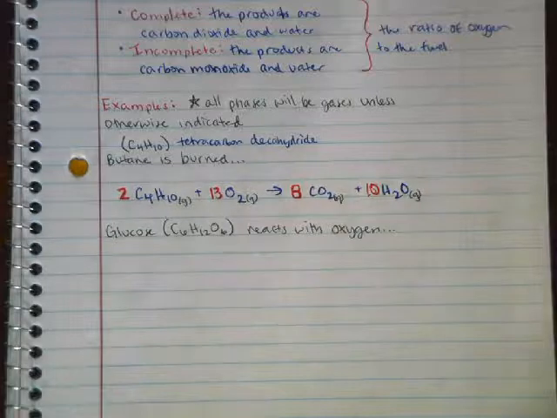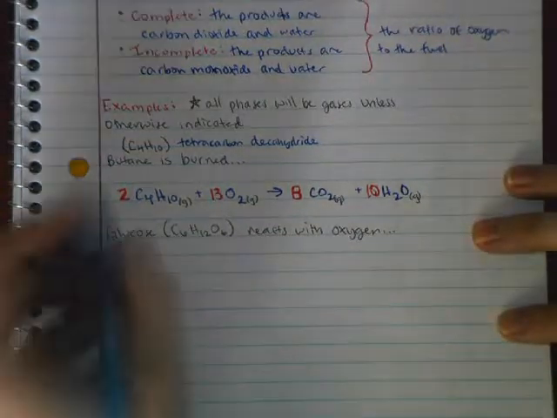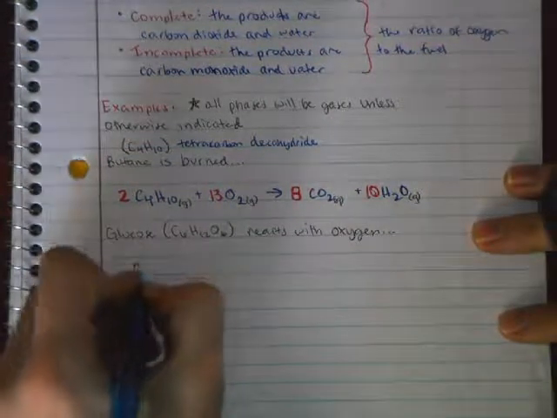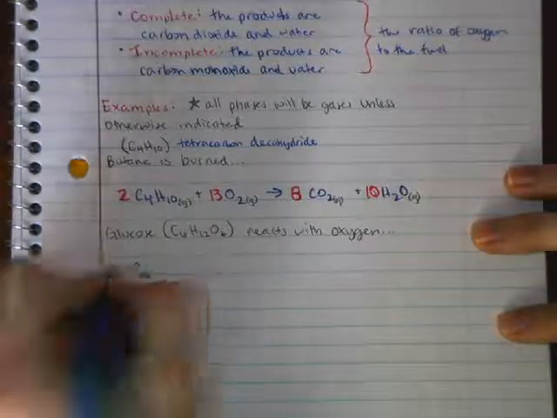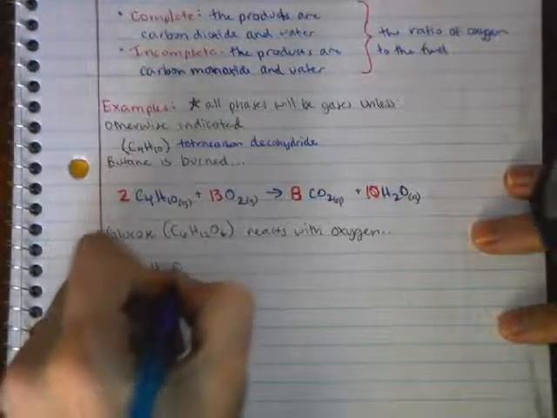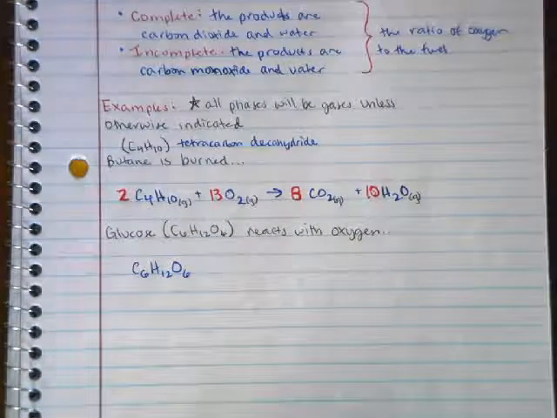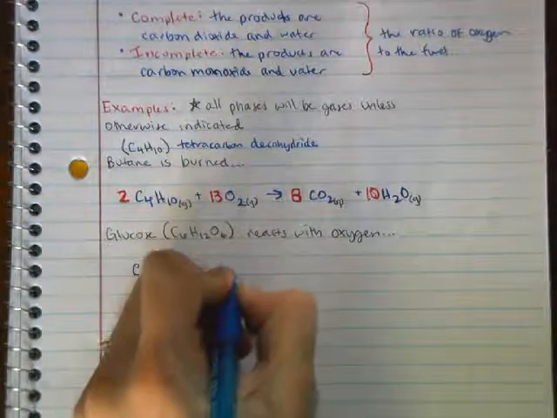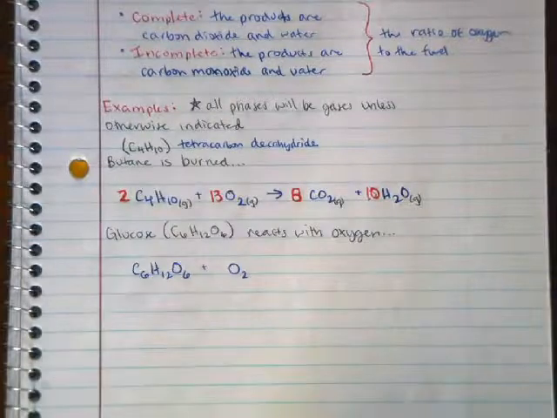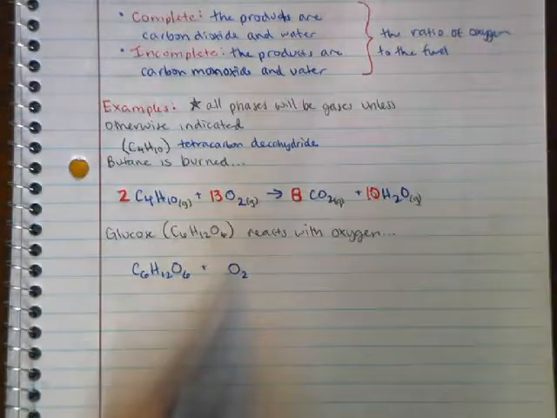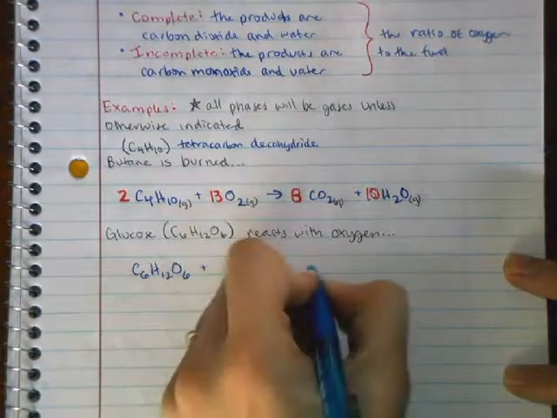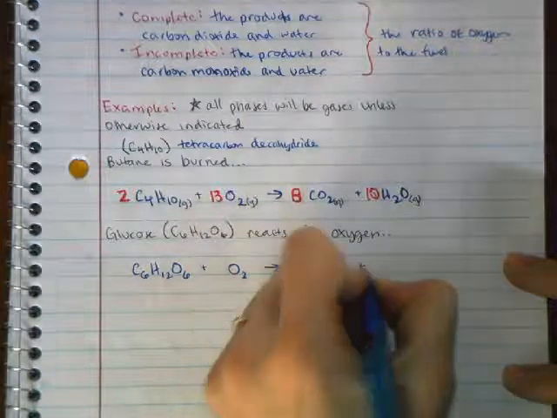In this next example, we've got something that should take you back to those glorious days of biology class. Good old glucose, C6H12O6. Explicitly it's going to react with oxygen. I didn't need to know. They could have just told me it was burned and I would have figured it out too. And again, we're going to assume complete combustion, and the process is the same. This is pretty simple.